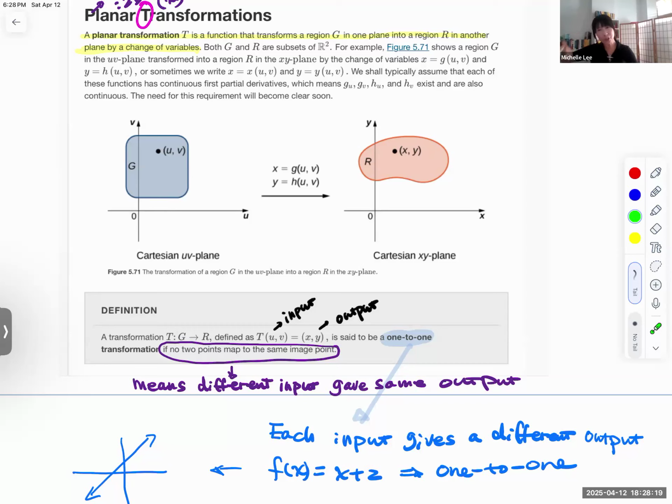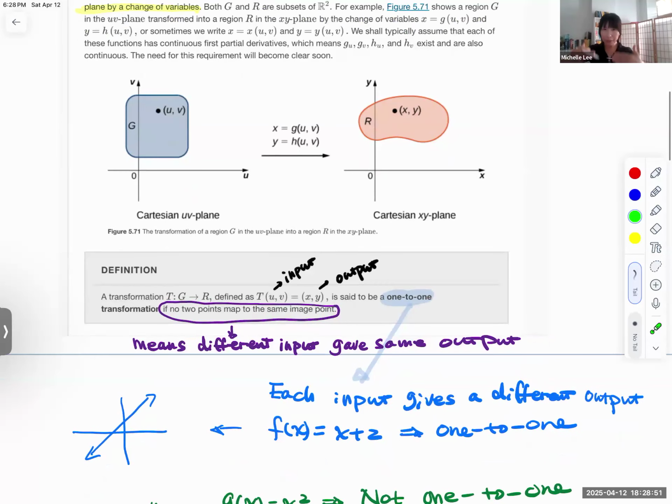But then we have a restriction: one-to-one. We learned in the previous course that when we make an inverse function, we have to have a one-to-one function. For a one-to-one function, exactly one input gives exactly one output. In other words, each input gives us a different output. Let me finish the definition: a transformation is one-to-one if no 2 points map to the same image point.